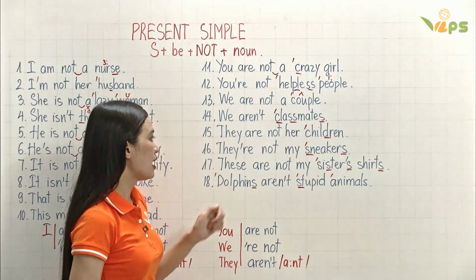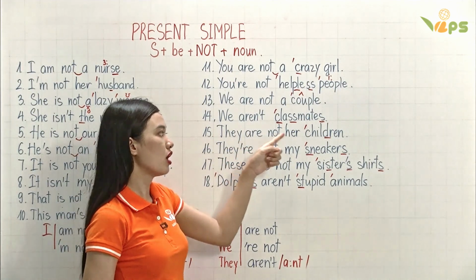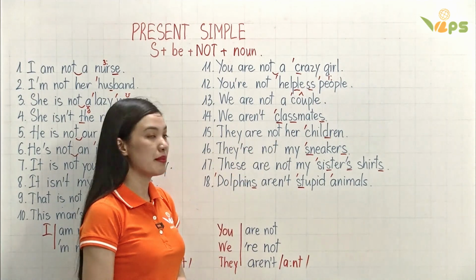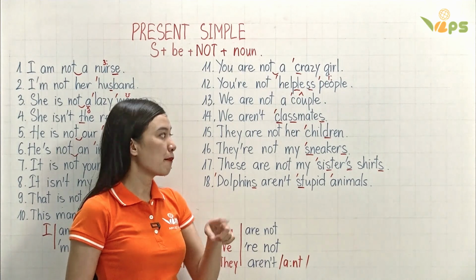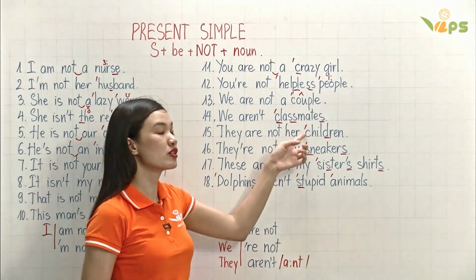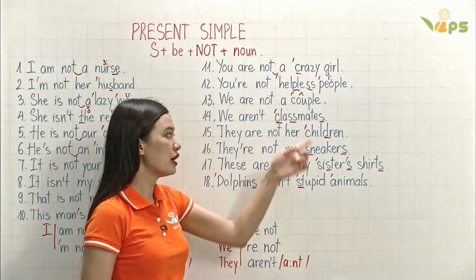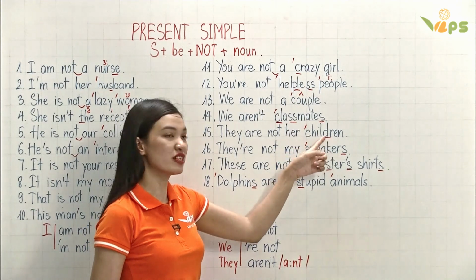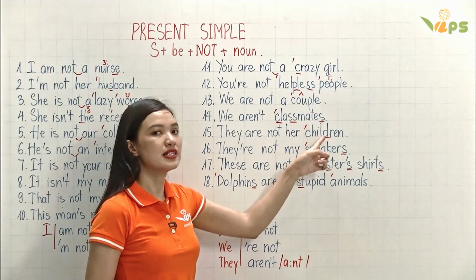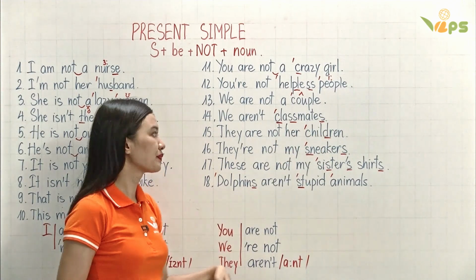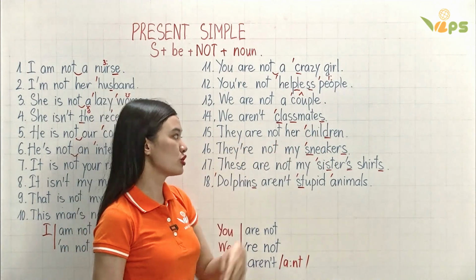15 and 16. They are not her children. Remember, one child, but two or more than two, we use children, plural form. Children, don't say children, huh? Children. They are not her children.